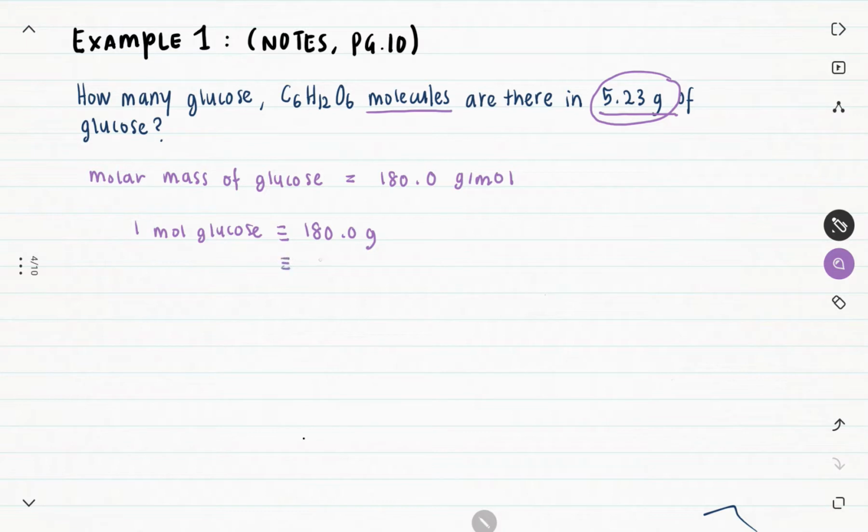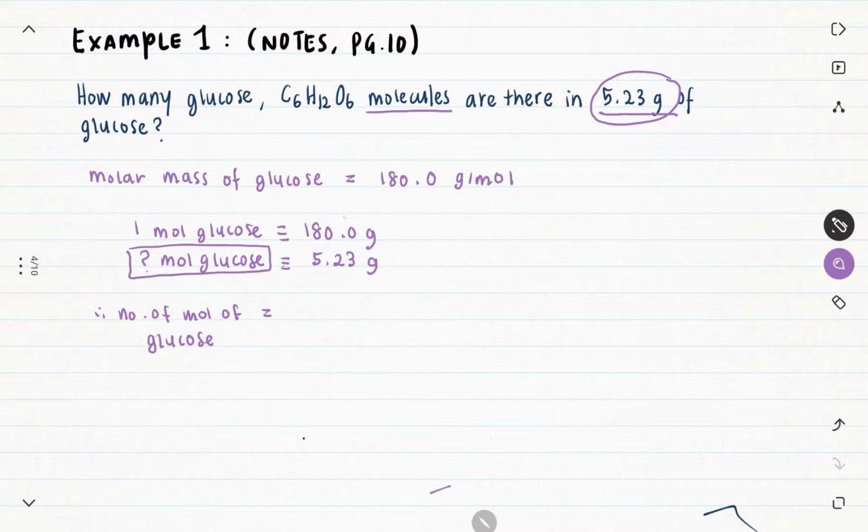So if you have 5.23 gram of glucose, how many mole of glucose is inside 5.23 gram of glucose? To calculate the number of mole of glucose, we want to know the mole of glucose. So from right to left, 180 to 1.